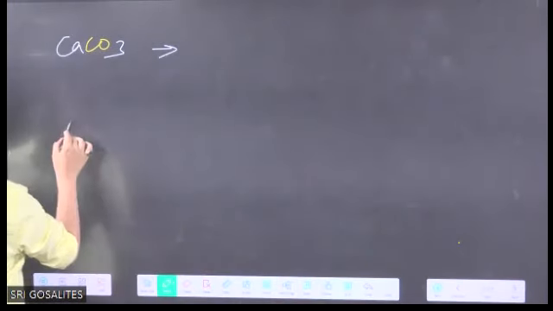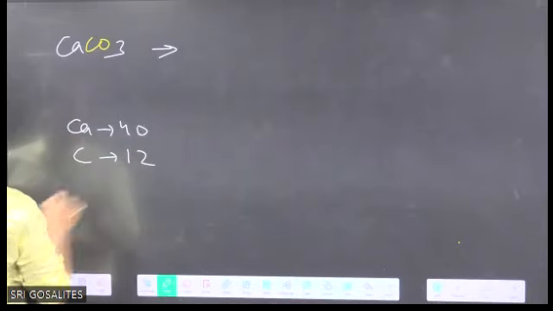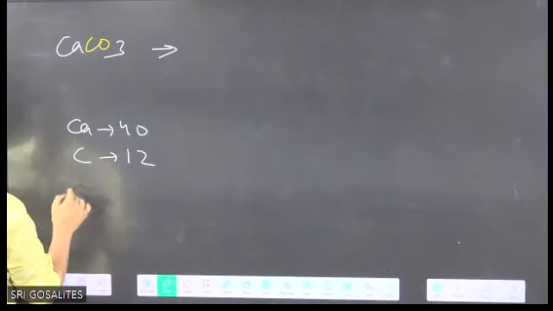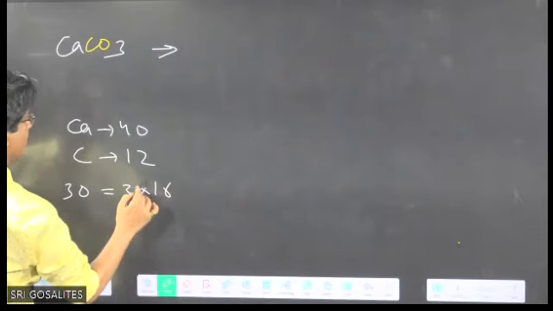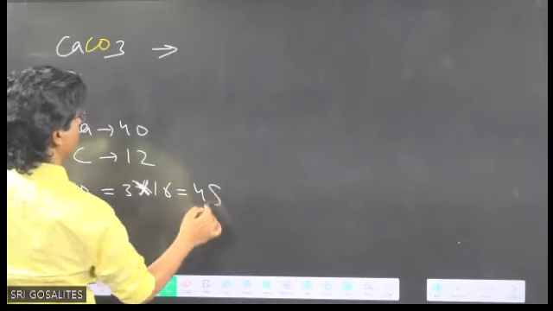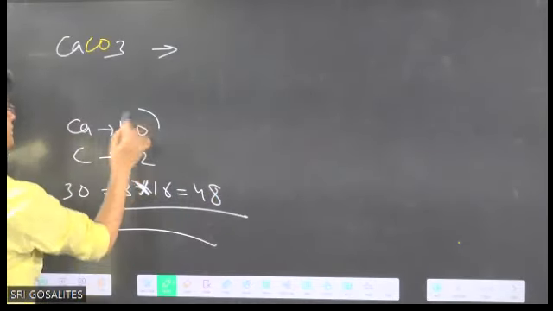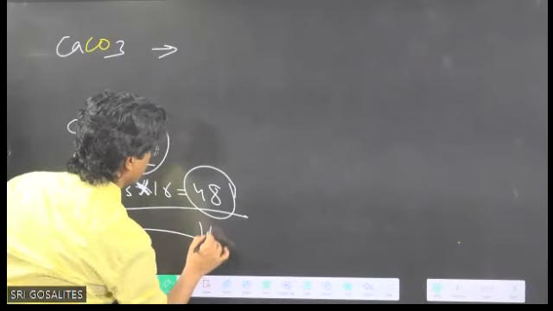So calcium, we know, is 40. Carbon, you know, is 12. And oxygen, there are 3. There will be 3 into 16. 3 into 16 will be how much? It will be 48. So if you add it, 40 plus 12 is 52. 52 plus 48 will be 100.